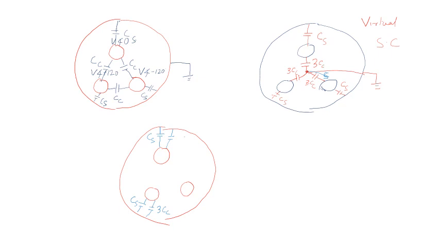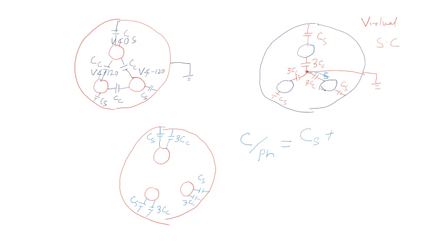Here again, one capacitance is CS and the other capacitance is 3CC. Same here, one capacitance is CS, the other capacitance is 3CC.